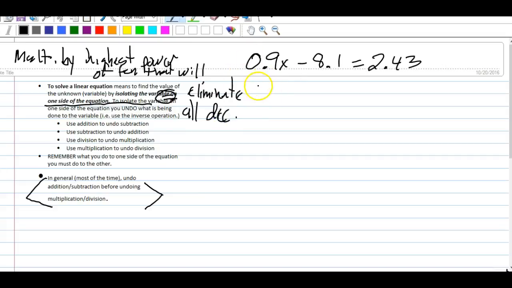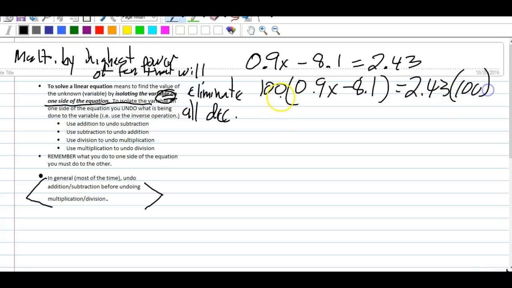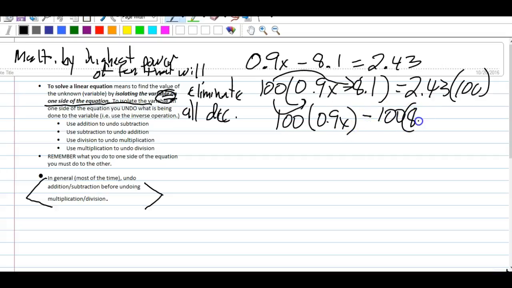So that means I've got to multiply both sides by 100. Remember, what you do to one side of the equation, you have to do to the other. Distribute the 100. So that's 100 times 0.9x minus 100 times 8.1 is equal to 2.43 times 100.